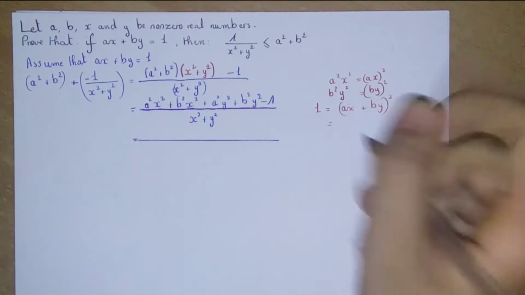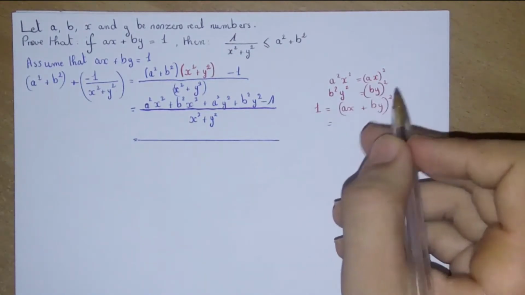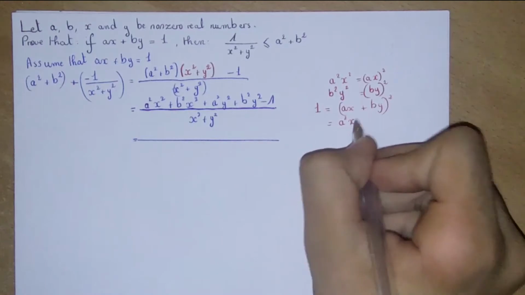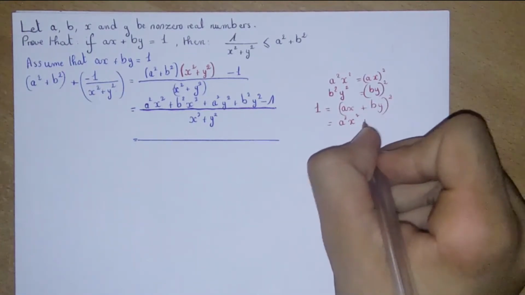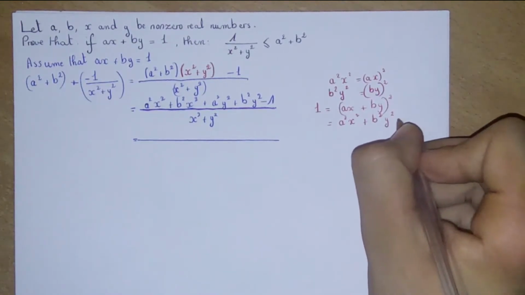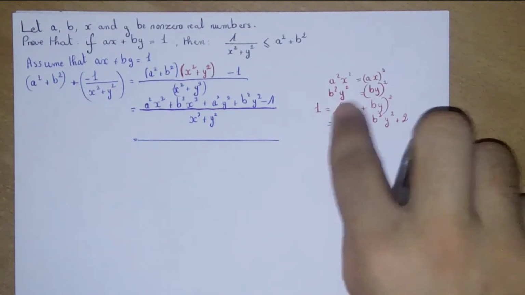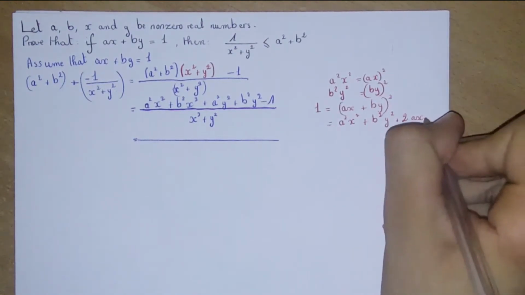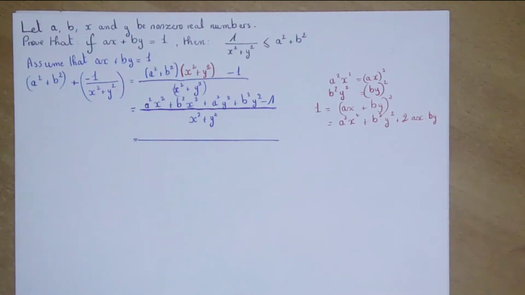Well, it is equal to the square of the first term, which is a squared x squared, plus the square of the second term, b squared y squared, plus 2 times the product of these two terms. So 2 times ax times by.